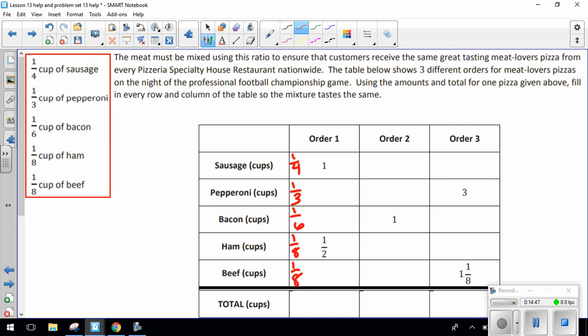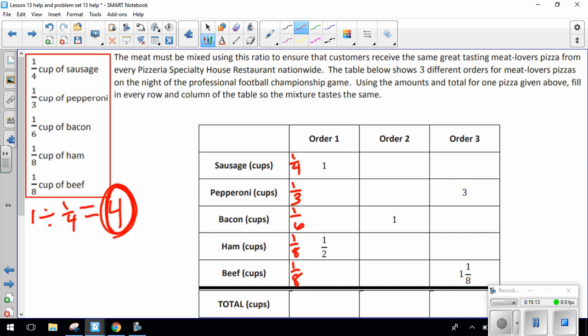So what we're going to do is find our rate, our unit rate. So in your calculator, you're going to take 1 and divide it by what I need. I need 1/4 cup. So when you take 1 and divide it by 1/4, you get an answer of 4. This is my K. This is my unit rate.